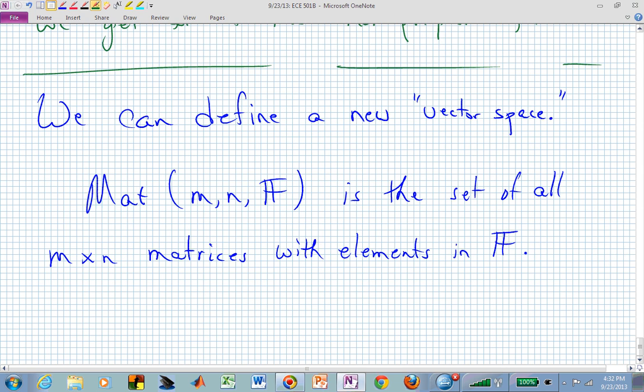If we're now dealing with this new vector space, which is an m by n matrix in the field of numbers F, what's the dimension of that?